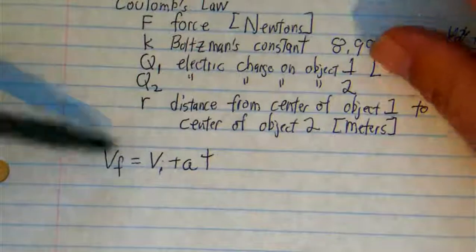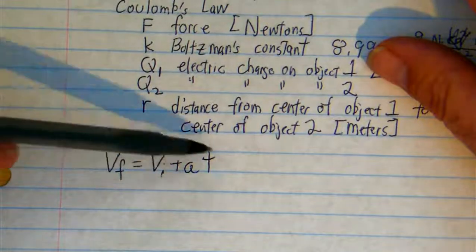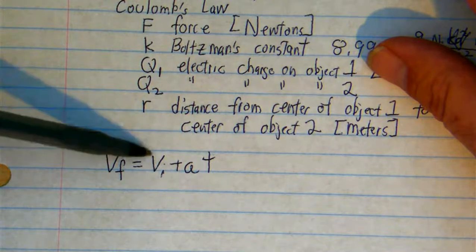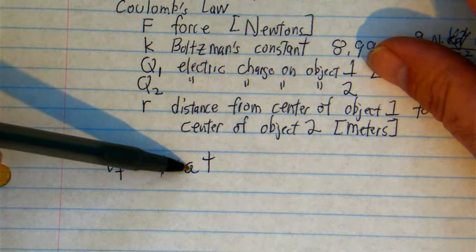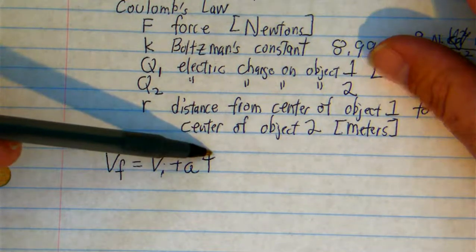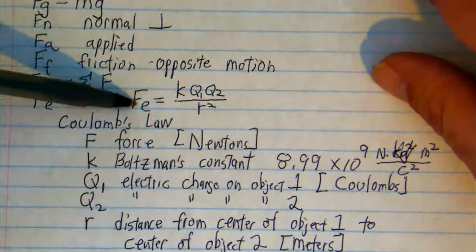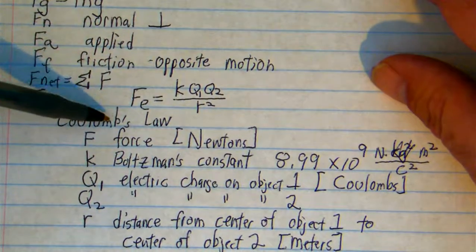And what we've done is we said, look, there's 1, 2, 3, 4 variables. We'll give you any 3 of them, and you have to solve for the last one. That's what we're going to be doing with every equation we ever give you in a physics course.